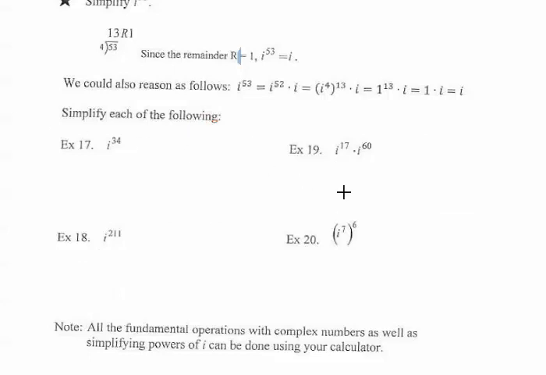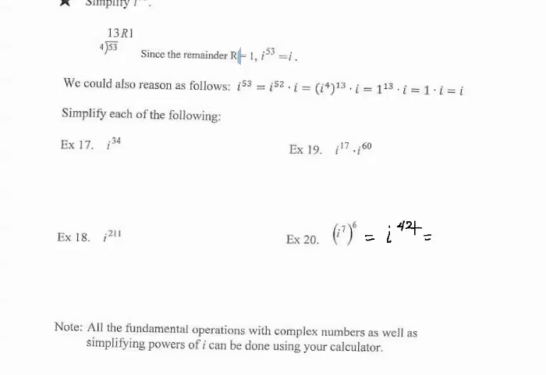So our last example for simplifying our exponential i's, here we have i to the 7th to the 6th power. We can apply the power rule and call this an i to the 42nd power.